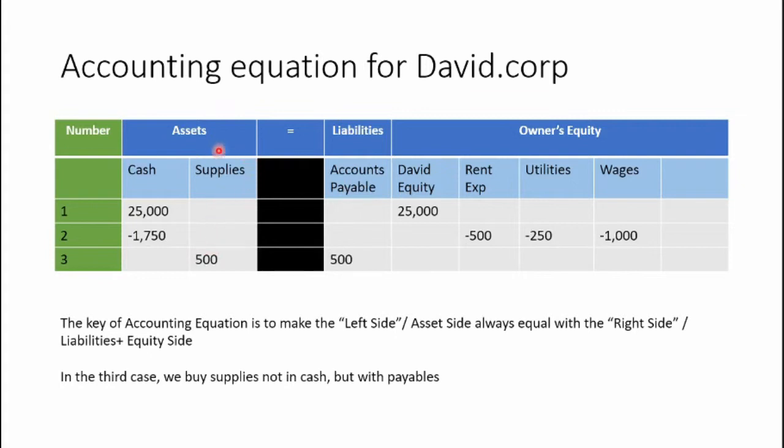We add a column of supplies and record $500 of increase. And to make it equal on the right side, we need to record the credit, or the liability, that David Corp makes for the supplies. So we add the column for accounts payable in the liability section and increase $500.